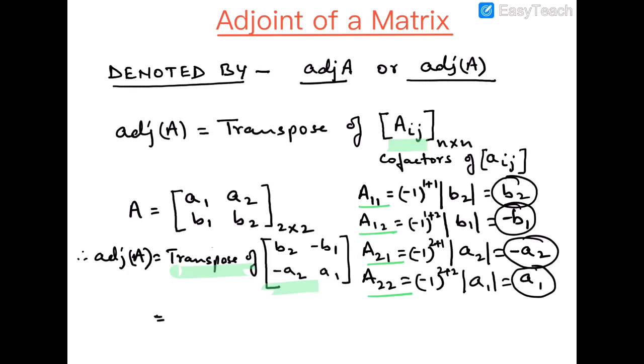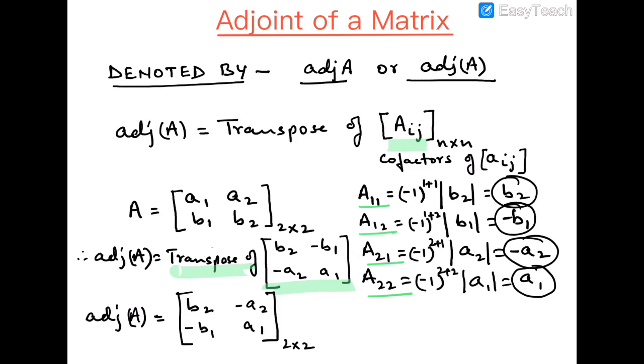So take the first row, that is B2, minus B1, and write it down as the first column. Now take the second row and write it down as the second column, minus A2, A1, and this is the adjoint of A.